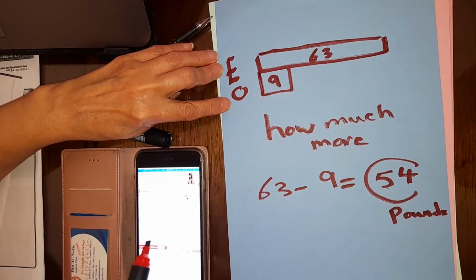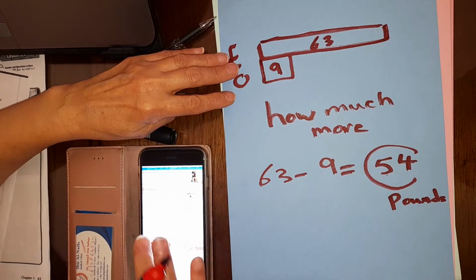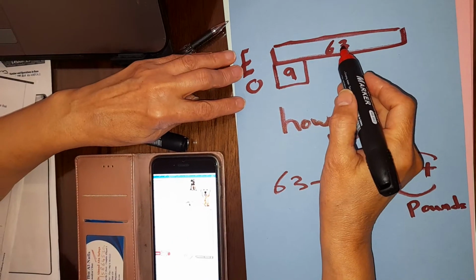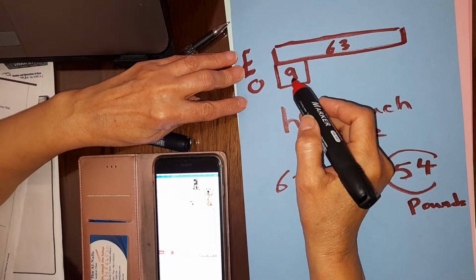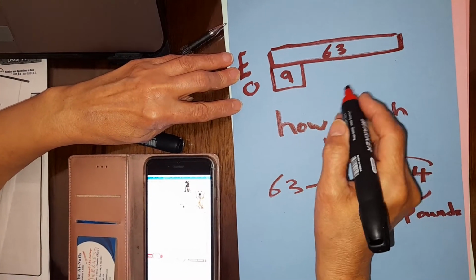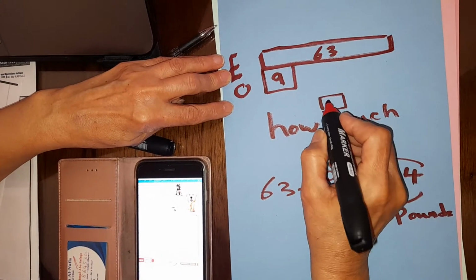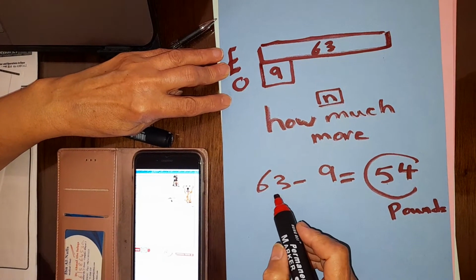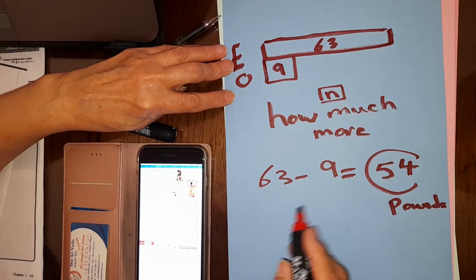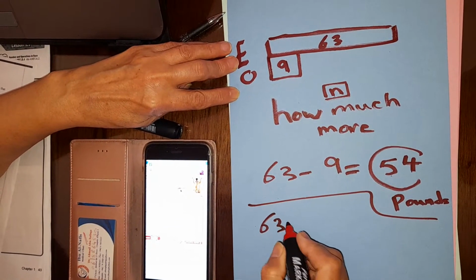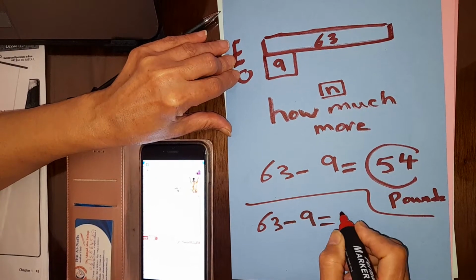In this one, I will write in the big bar 63, in the small one I will write 9, okay? And in this small box here I will write n. Now I will say 63 minus 9. First, I will solve it as an equation. 63 minus 9 equals n.